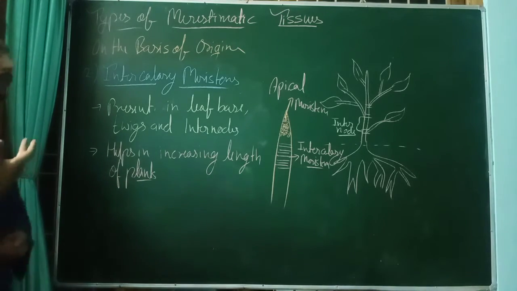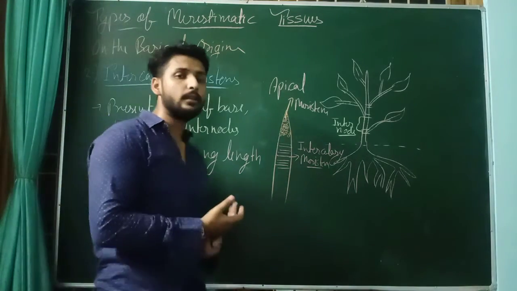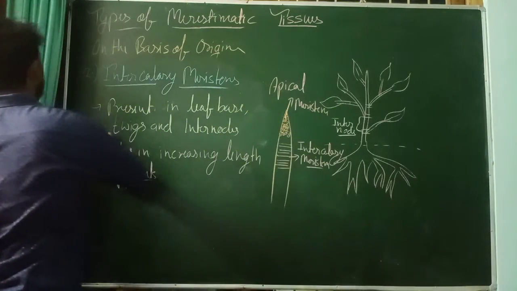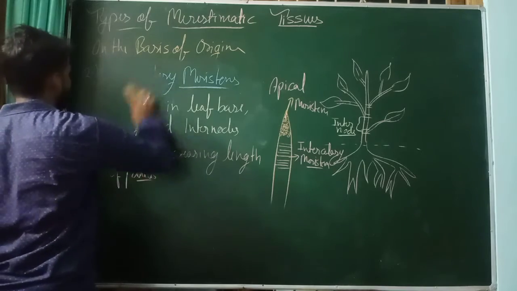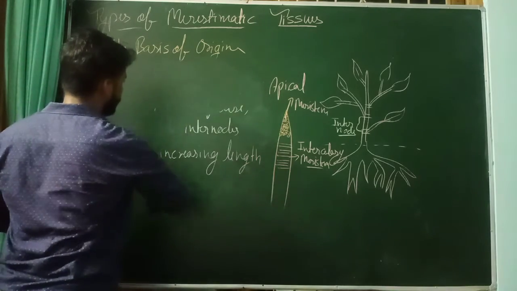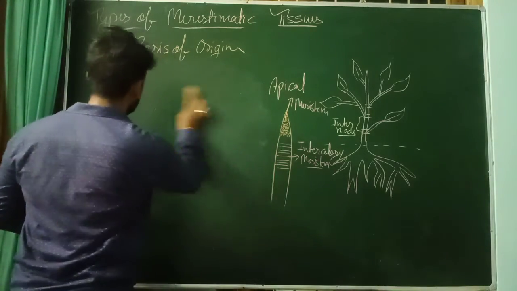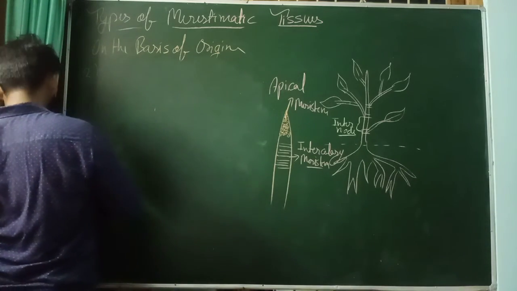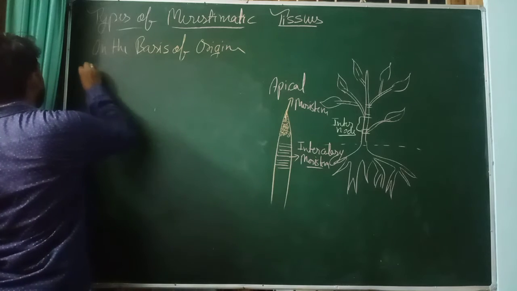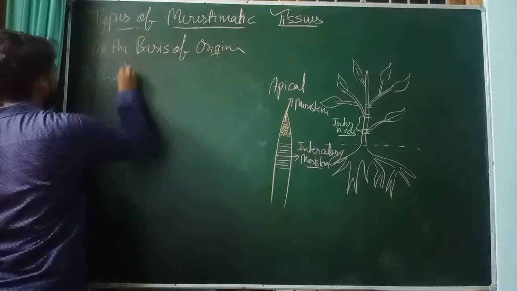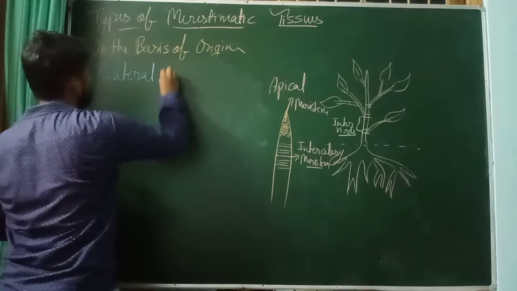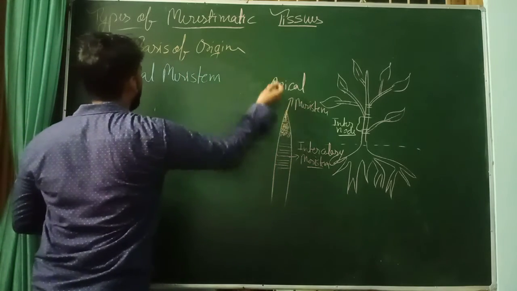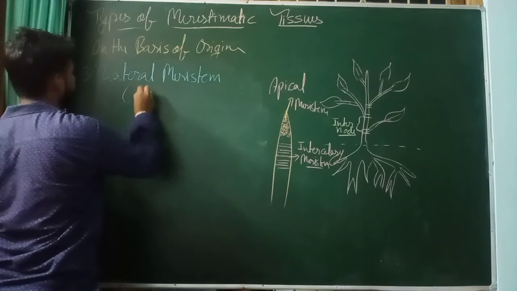Now, what is the third type? What is the third type of meristem? The third type of meristematic tissue is lateral meristem, also known as cambium.